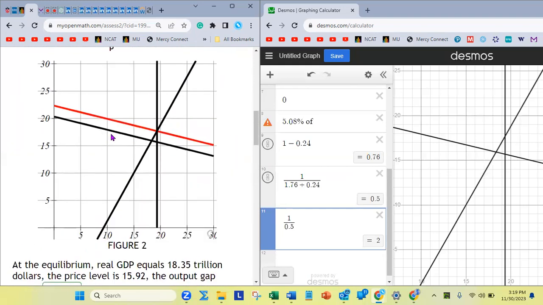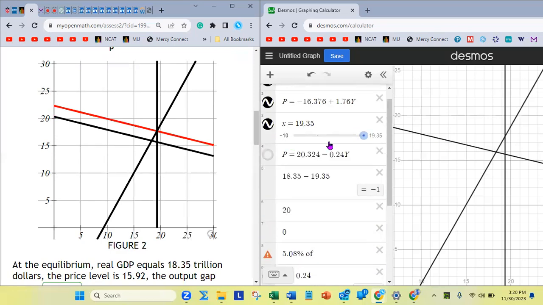Notice what happened in our graph up here. Remember, the intercept includes government spending. It is added to the other numbers in the intercept of aggregate demand. And so when we increase government spending, we shift the curve upward to the red line. So let's go back to our red line here in part 4.